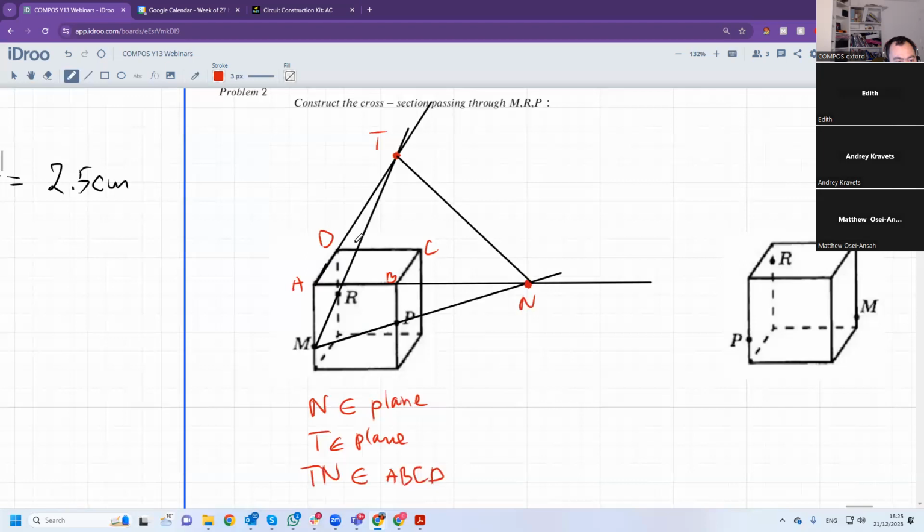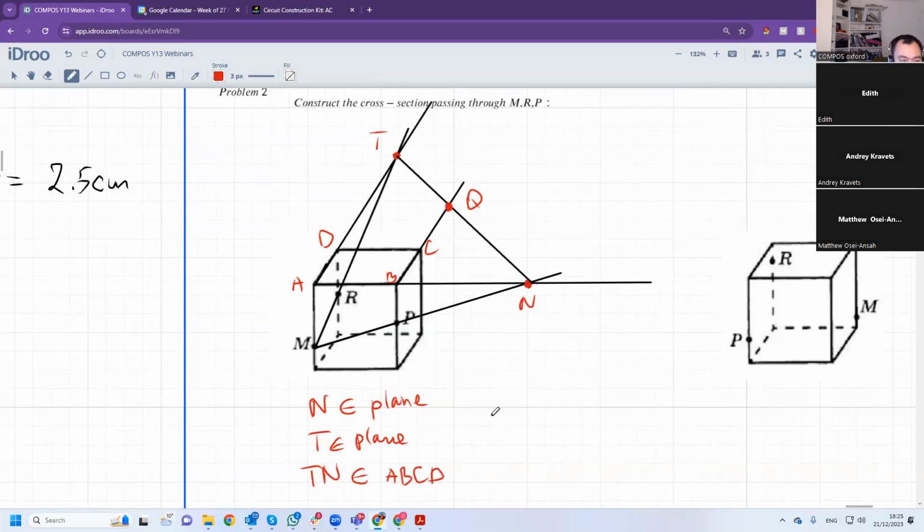And therefore we can draw the line BC, extend the line BC, and this is where the plane meets.